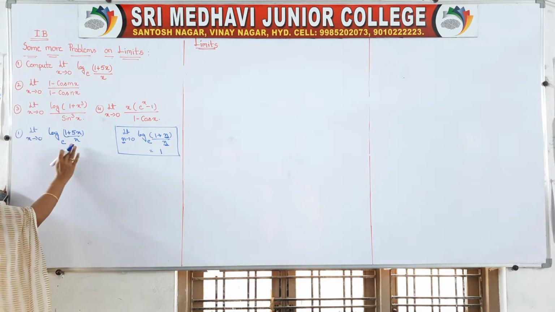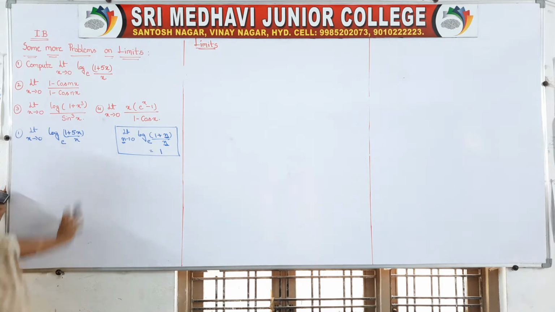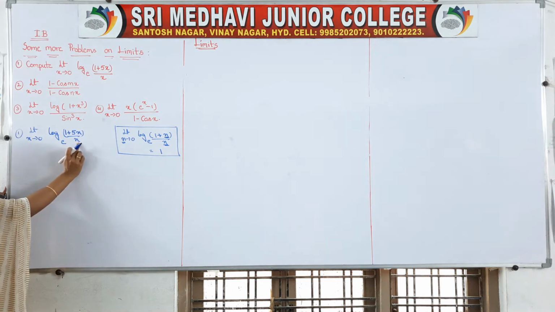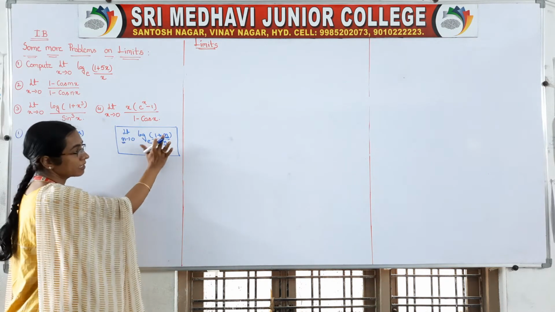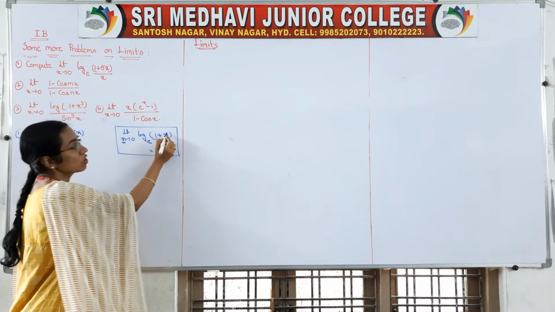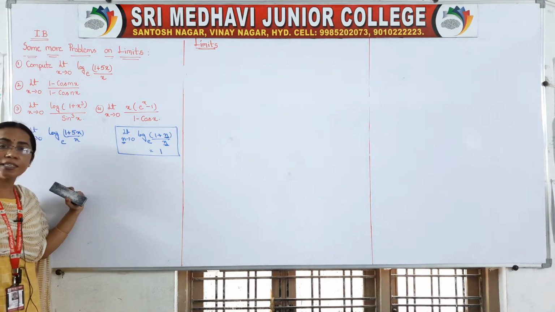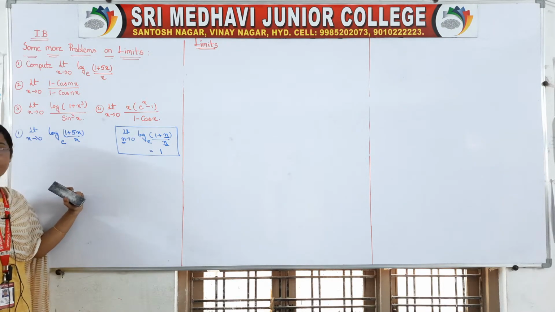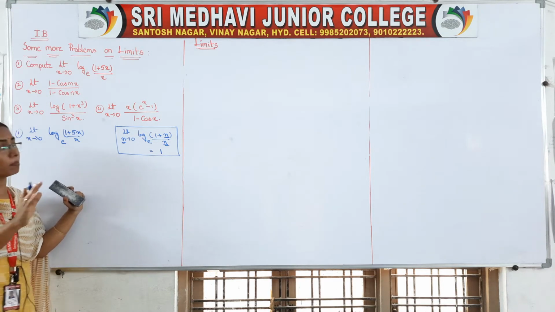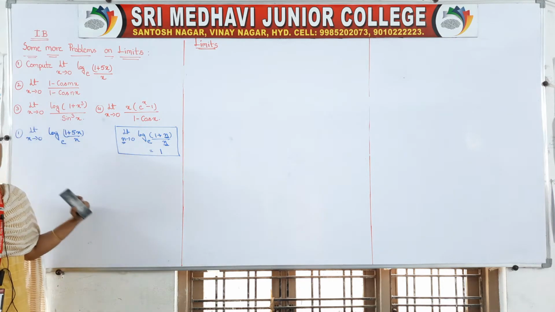Okay, so now if you observe the problem, here 5x is there, here x is there. So downwards we want 5x, isn't it? Again it is a formula, not always it should be x. Instead of x we can have any value, it is a general term. Log must be there, and base e must be there, but wherever x is there, it is a general term in the formulae.